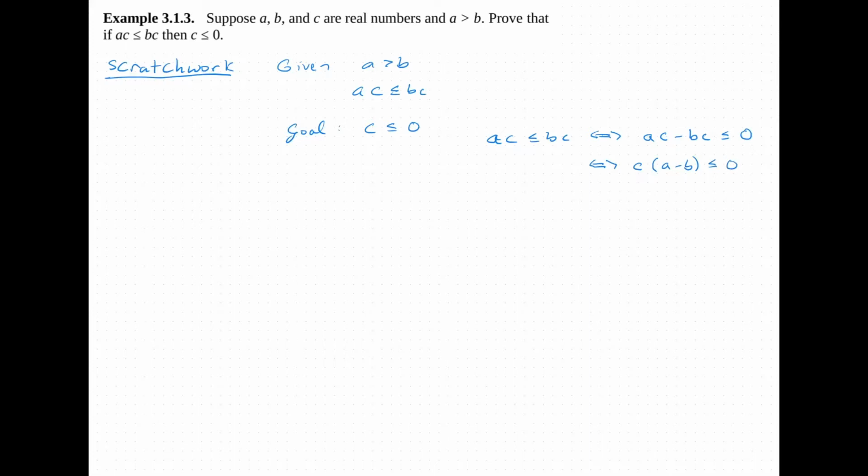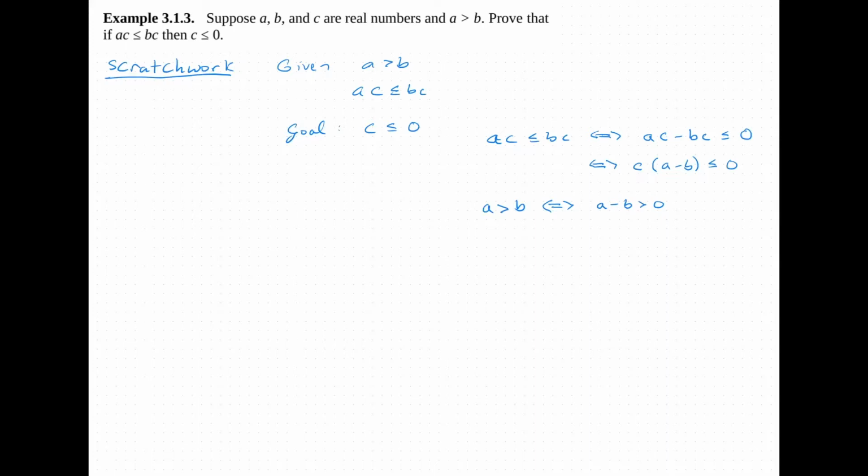So we have this. But now let's look at A greater than B. We have that A is greater than B. If we now subtract B over, we end up getting that A minus B is greater than 0.